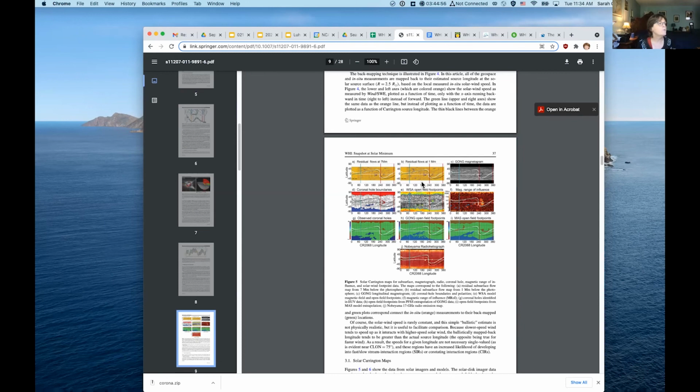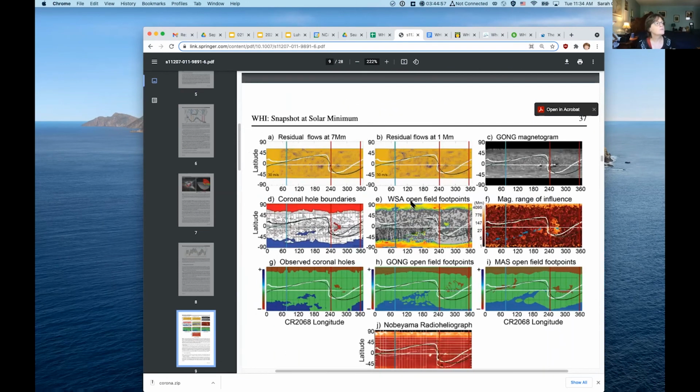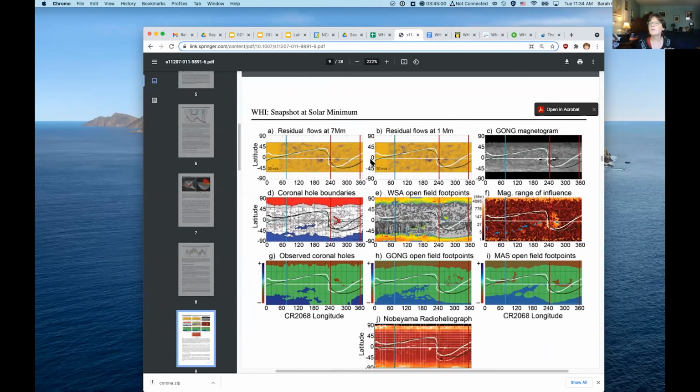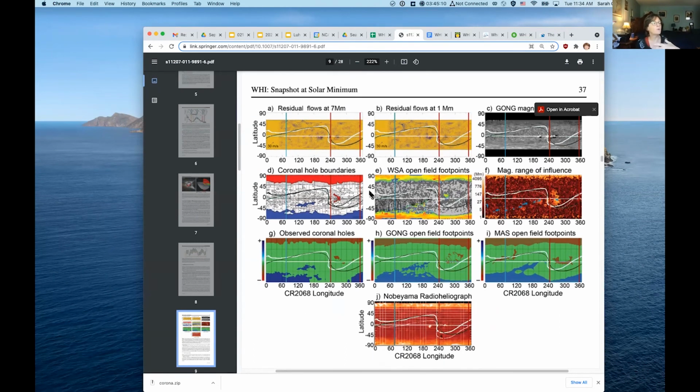And what we did with the whole heliosphere interval was we did model and observations. And we compared, for example, the magnetograms to helioseismic flows in the subsurface. And we kind of moved out in the atmosphere, coronal hole boundaries as observed from, like, as Ian was talking about, versus the open field foot points.